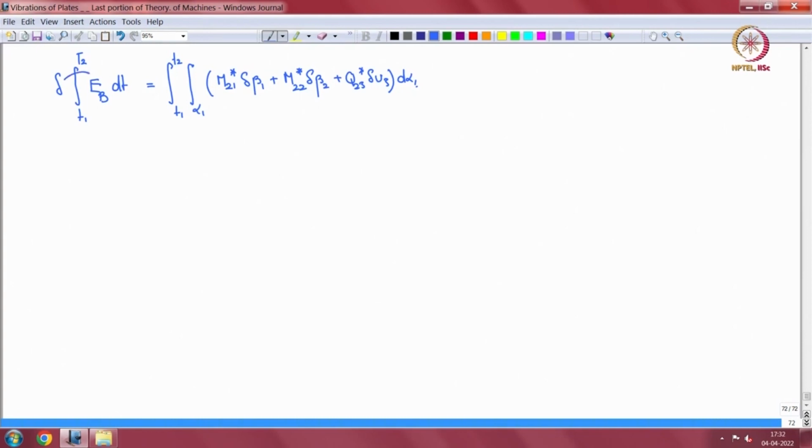I have taken this variation inside. This is at an alpha 2 constant edge, plus the integral from t1 to t2, integral over alpha 2, of the other set of external possibilities, M12 star delta beta 2 plus M11 star delta beta 1 plus Q13 star delta u3, d alpha 2. This is at an alpha 1 constant edge.